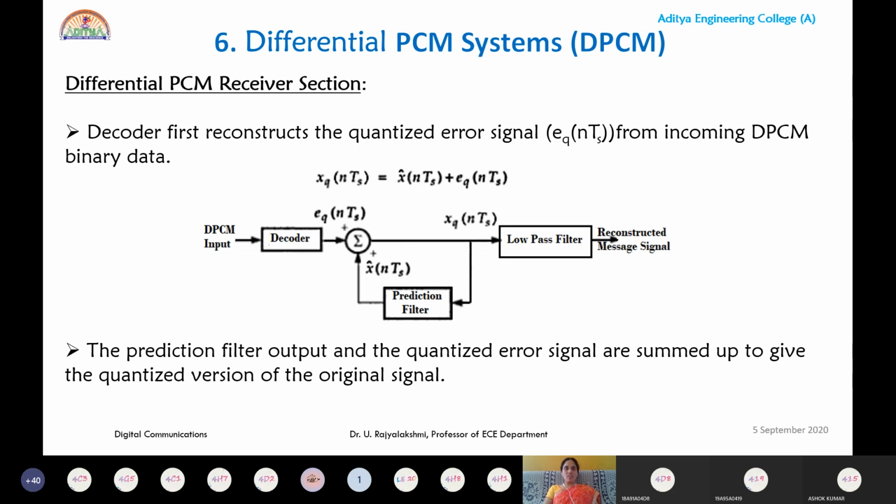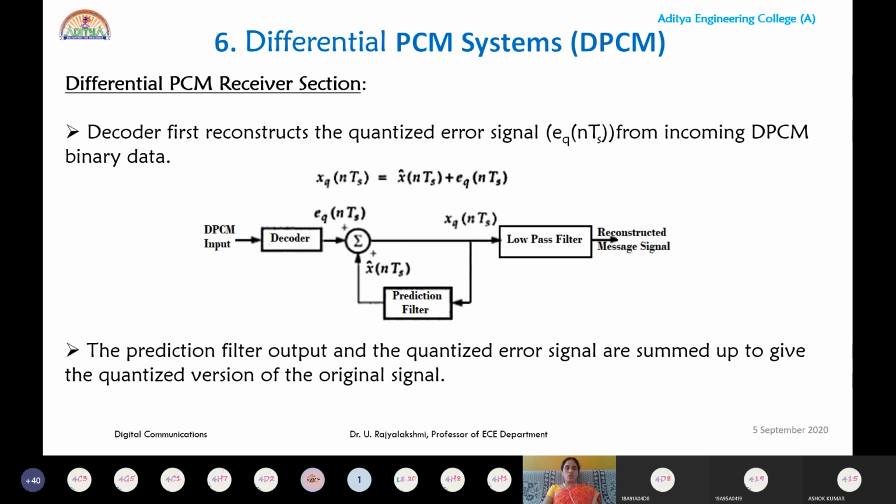What will this summer do? The summer adds up the prediction filter data, because the prediction filter stores the past sample data. The same prediction filter is used at the transmitter and receiver sections, because it possesses all the past sample values. So the prediction filter provides the past sample data, and the past sample data is added with the quantized error component eq of nTs.